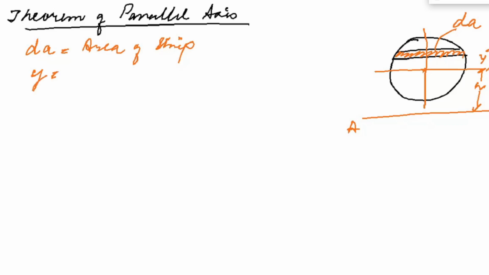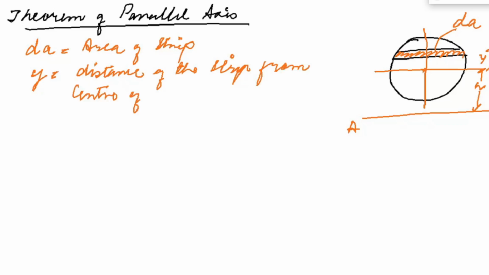What is y? It is basically distance of the strip from center of gravity.